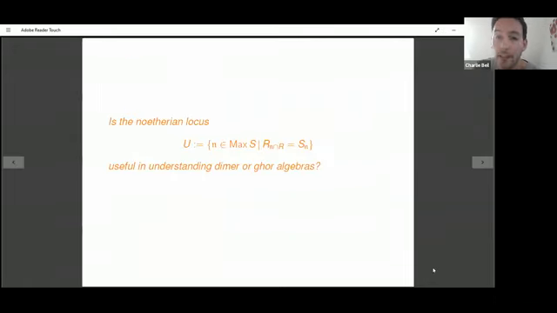Okay, and the last thing before we go on to cluster algebras is just to ask the question: is the Noetherian locus U, which was the points in the variety for the cycle algebra where R localized at n intersect R is equal to Sn, so these are the points where R localized at that point is Noetherian, useful in understanding dimer or Gore algebras?